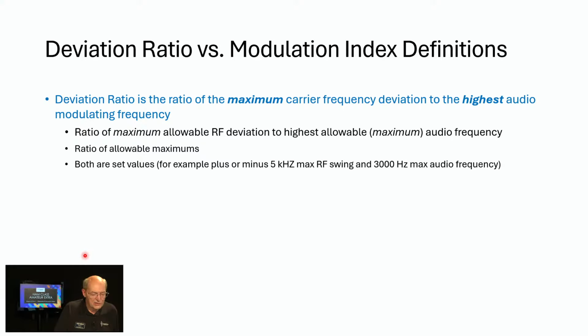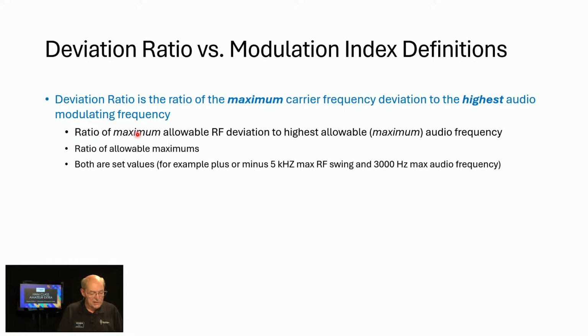All right, so let's look at a few more definitions. We've seen this already, just reiterating. Deviation ratio is the ratio of the maximum carrier frequency deviation to the highest or maximum audio modulating frequency. What are the ramifications? Ratio of maximum allowable RF deviation to highest allowable maximum.